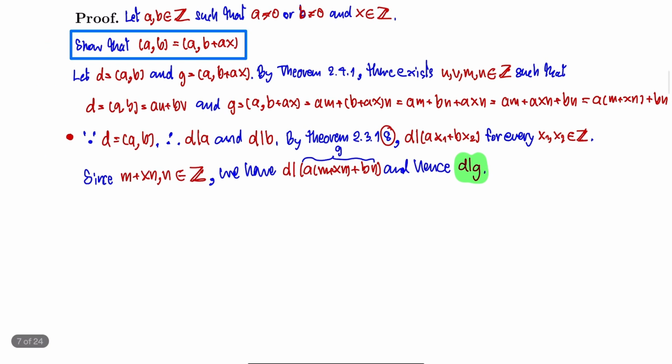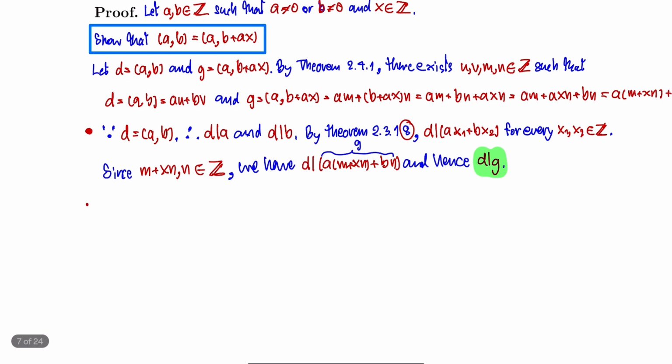And the next thing we have to do is to take a look at the greatest common divisor of a and b plus ax. So since G is equal to the greatest common divisor of a, b plus ax, what do we have?